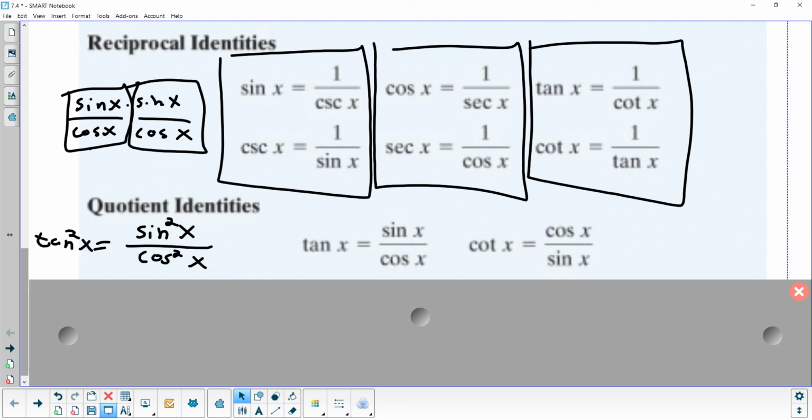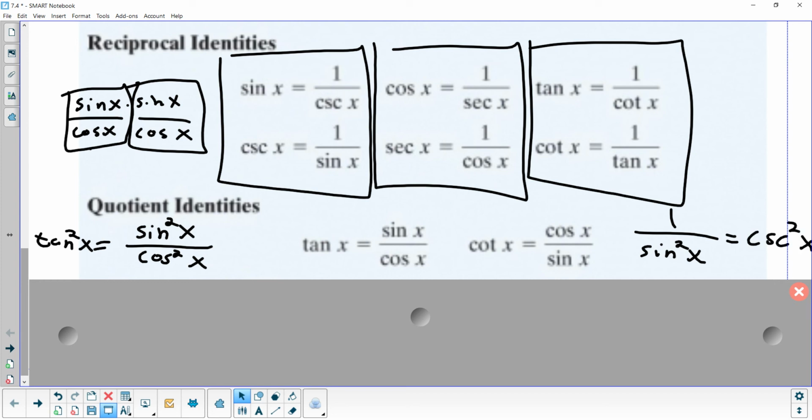So a lot of these identities do work with higher powers. Same thing here. If you flip the sine, you get the cosecant. Well, what if you flip the sine squared? What do you think you would get? If you flip sine squared, you would get cosecant squared.